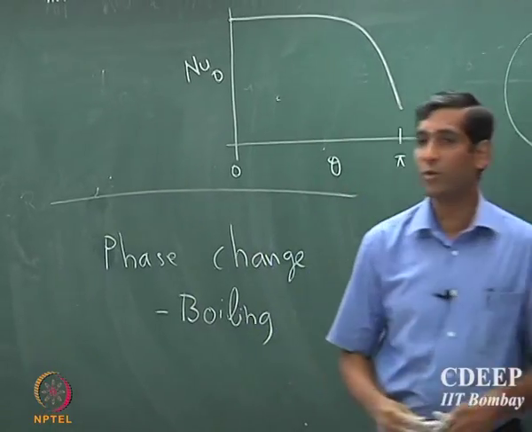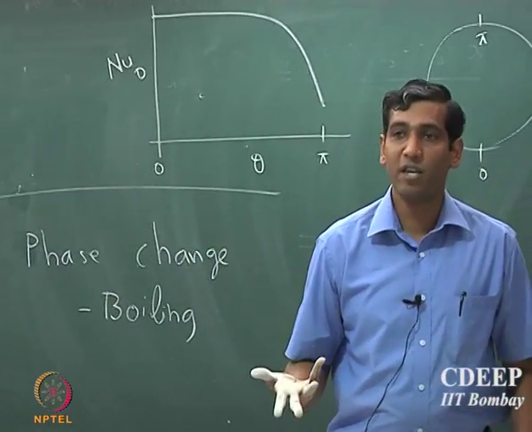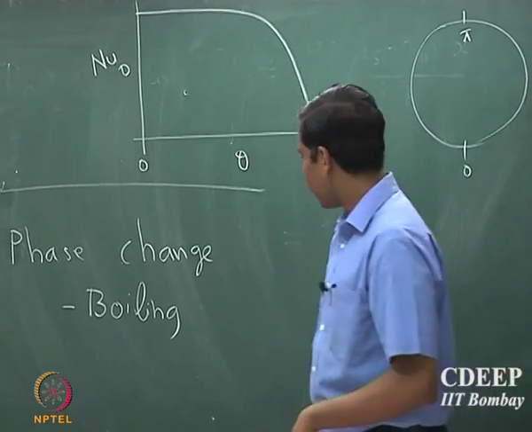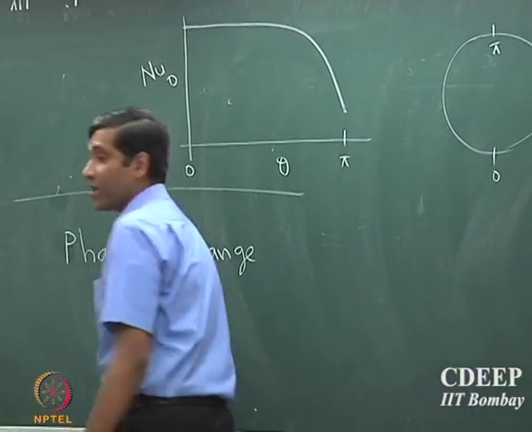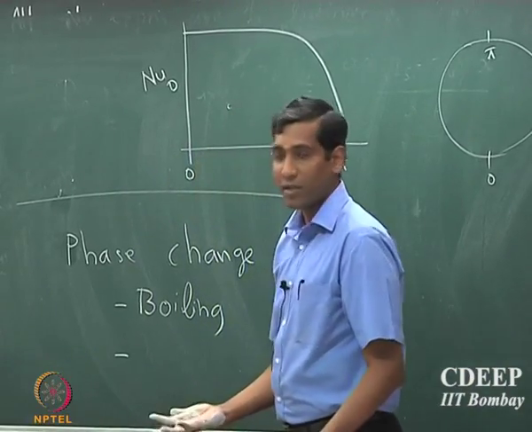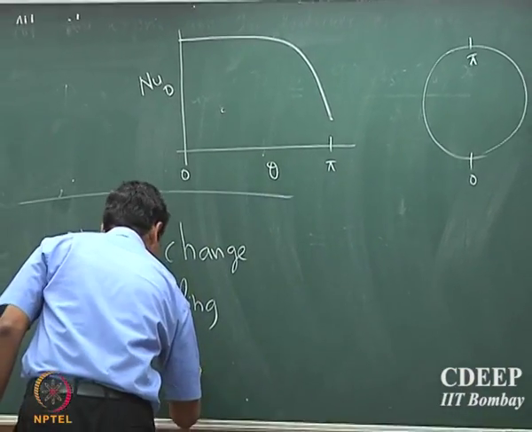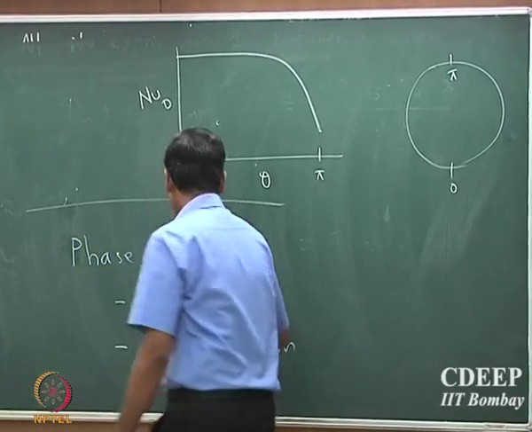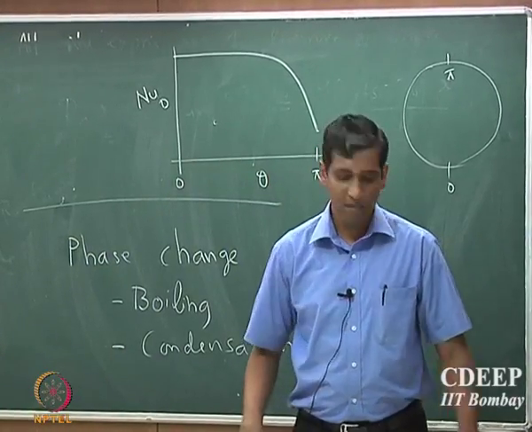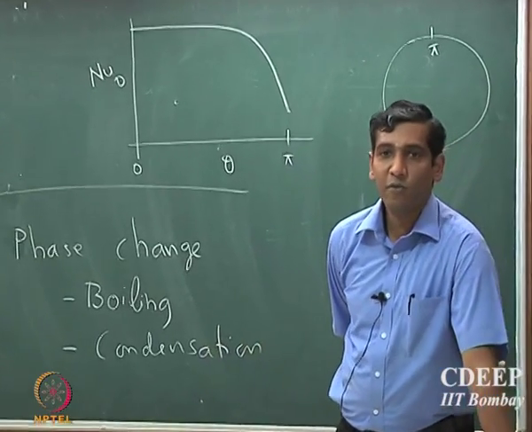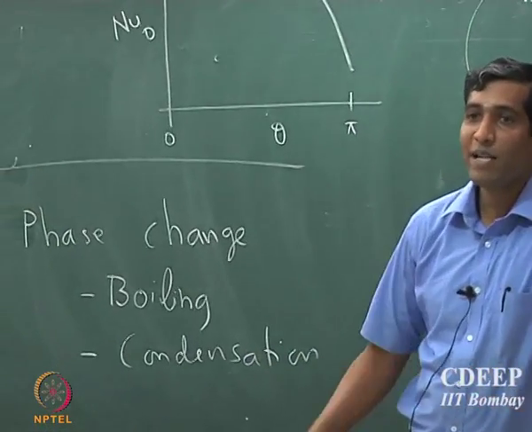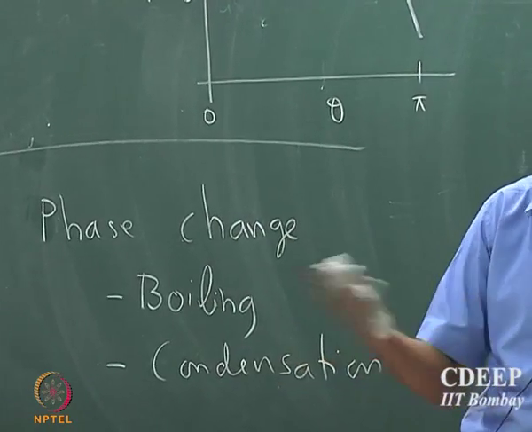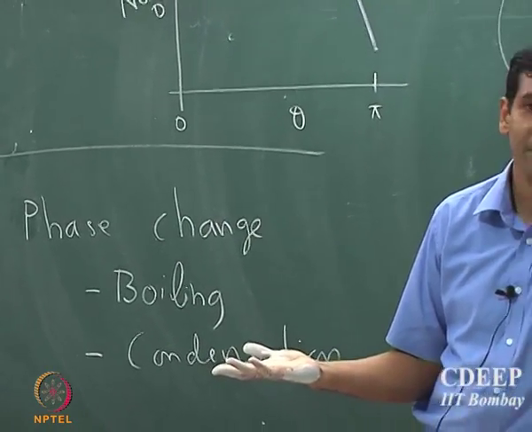What happens to a system when there is phase change of the fluid, that is, it goes from the liquid to the vapor state, and a few lectures down the line we are going to see the reverse, what happens when there is condensation. These two play an important role from an industry point of view, because there is always steam flowing in different locations, in different pipelines in a process industry.